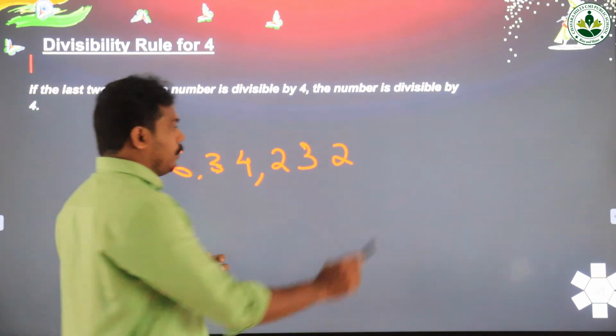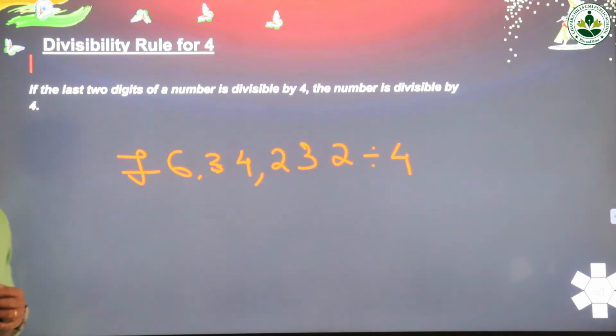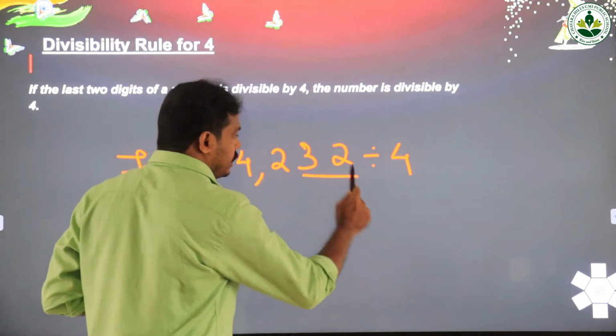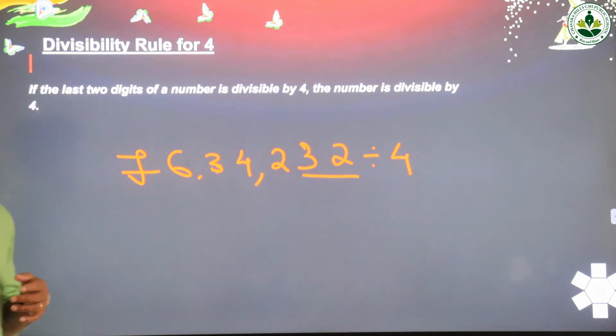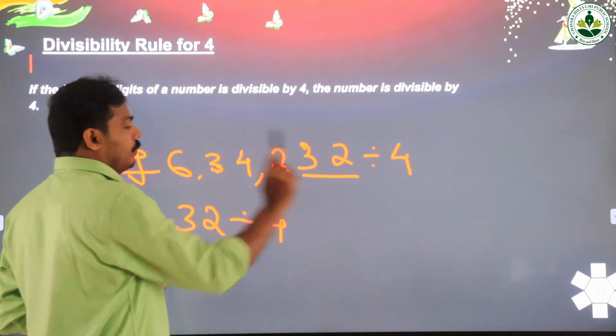We need to check whether it is divisible by 4 or not. How will you find it? If the last two digits of the number are divisible by 4, that means the last two digits are 32. If 32 is divisible by 4, then this number is divisible by 4.